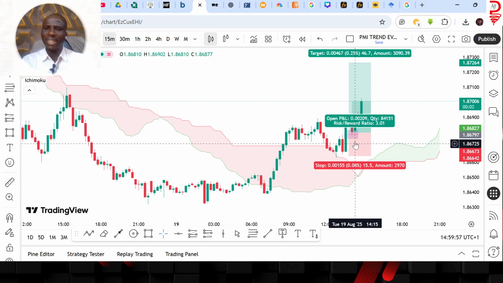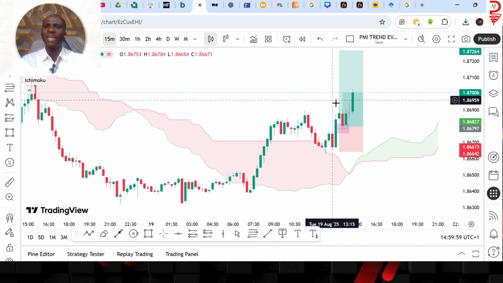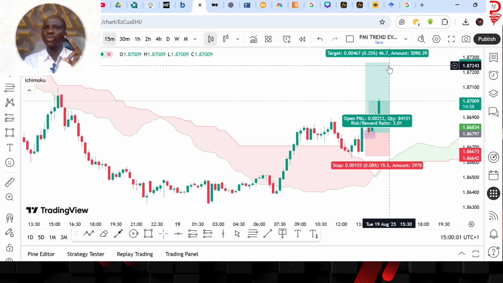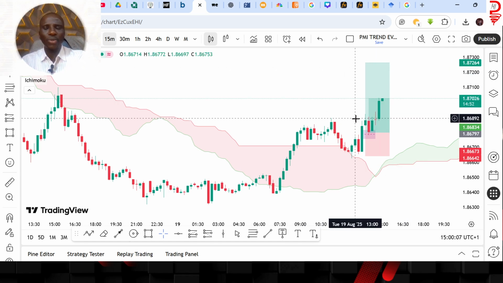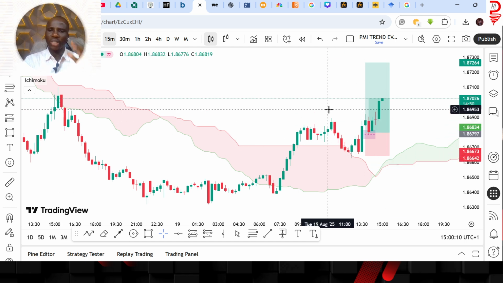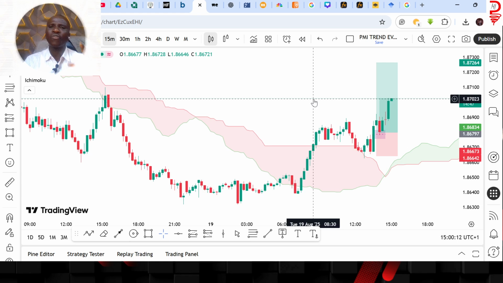So the fact that this trade is already in profit does not mean it's going to hit the take profit. You see it now. It might still be possible that the trade will hit stop loss. However, this is just one out of 20 trades that we take. And for the cash flow model, we take an average of 4 trades in a week, 4 to 6 or 8 trades depending.